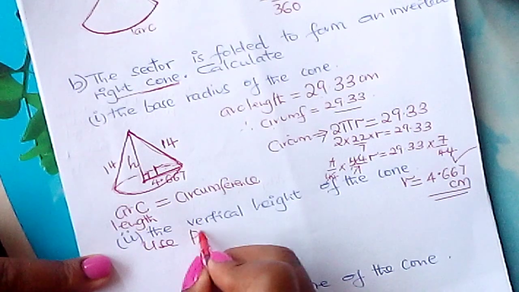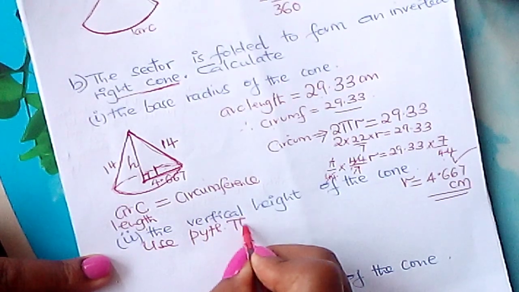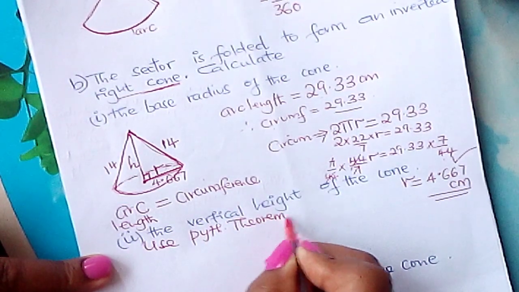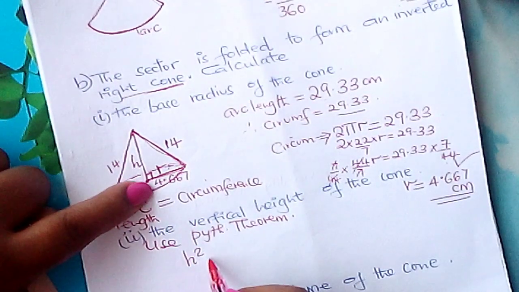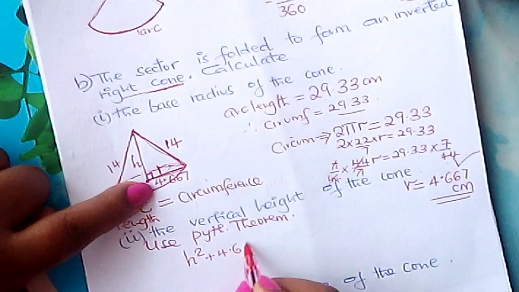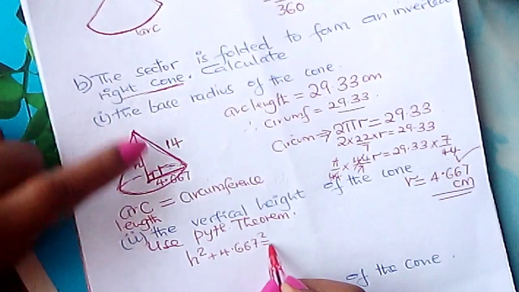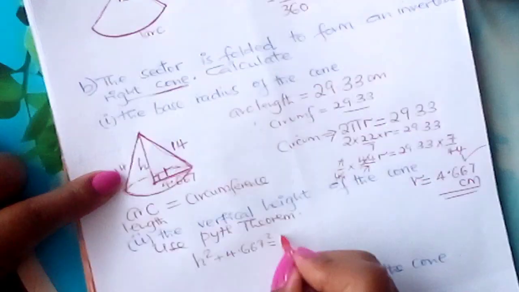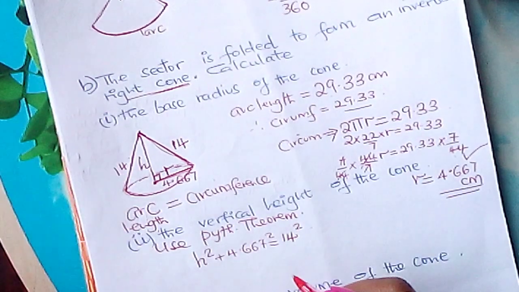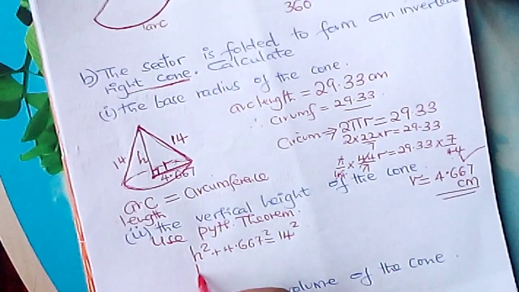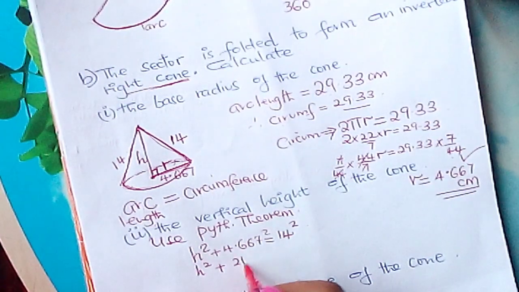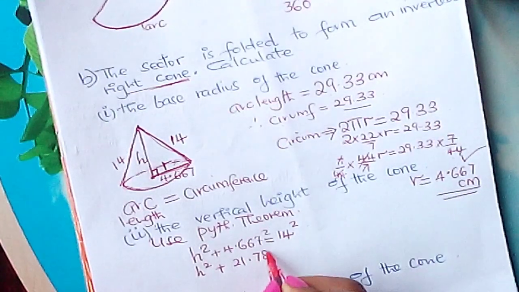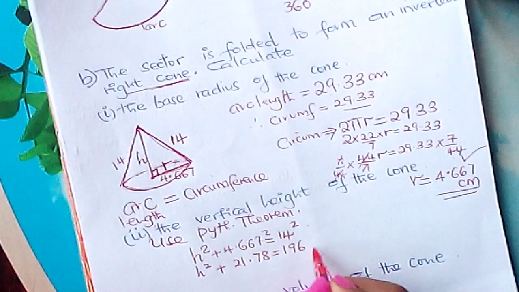So use Pythagoras theorem. So you talk of what, learner? H squared plus 4.667 squared is equal to the hypotenuse squared, learner. And therefore from there you talk of H squared is equal to what? This gives you about 21.78 is equal to 196.